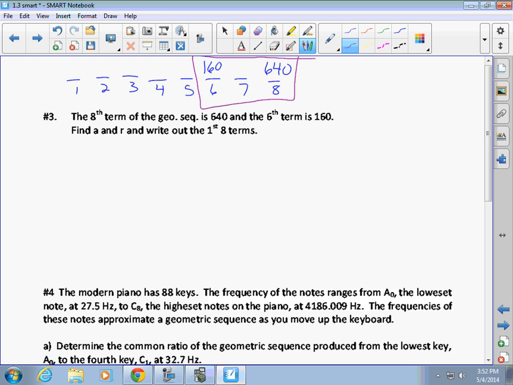Because if we look at just that part of it, we have Tn, so our last term, equal to 640. Our A is our first term. We're starting at 160. We don't know R, but I know I'm looking at 3 terms. So based on having those 3 pieces of information, I can find out my R, and then I can use that R to find the other terms in the sequence.